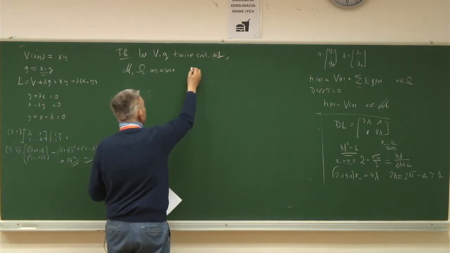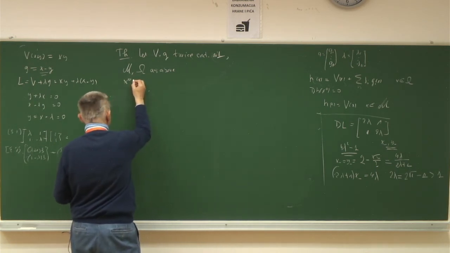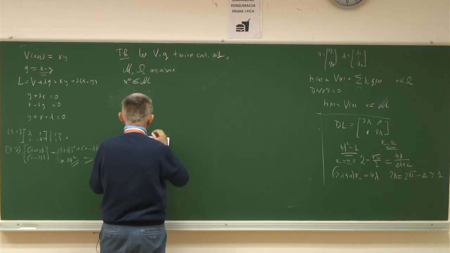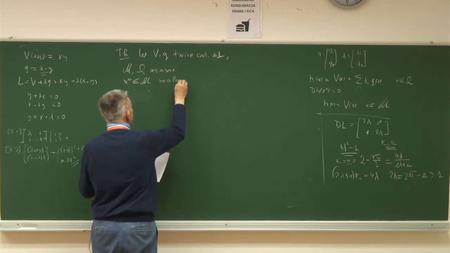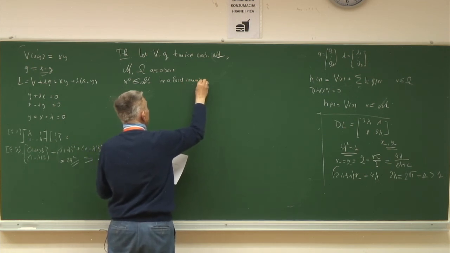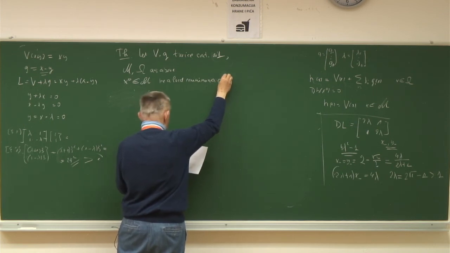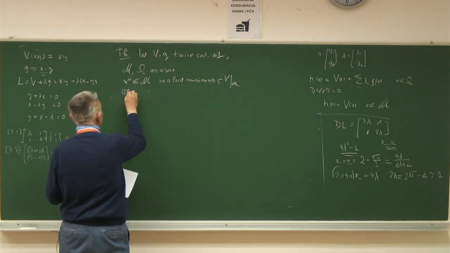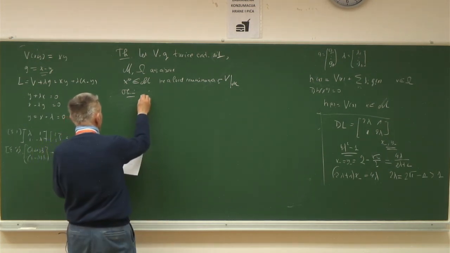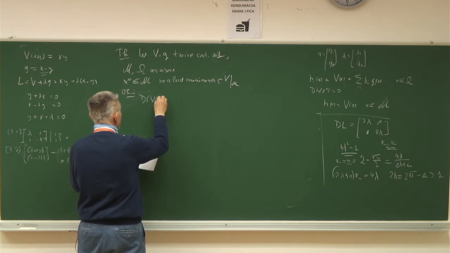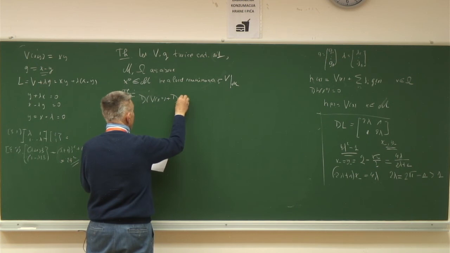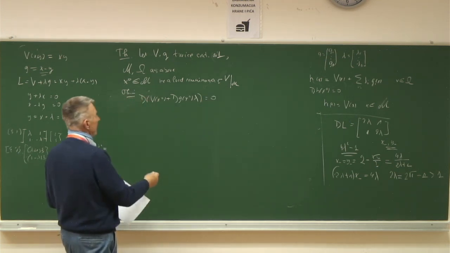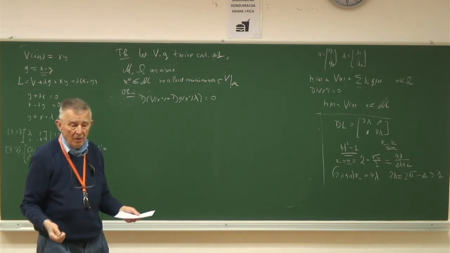And let x0 from M be a local minimizer of V restricted to M. Then dV(x0) + dG(x0)λ = 0, of course for some choice of λ's.